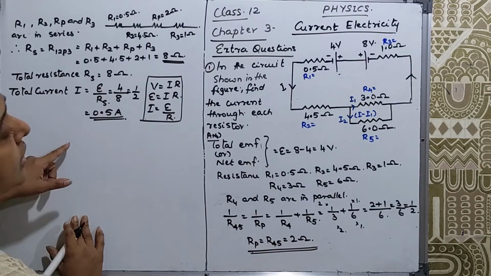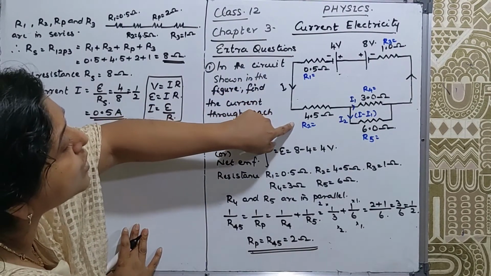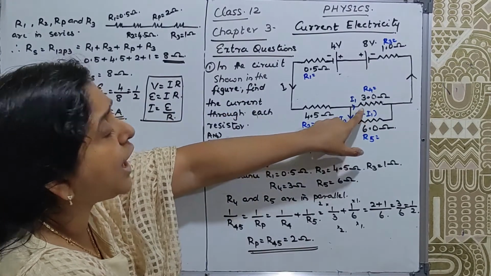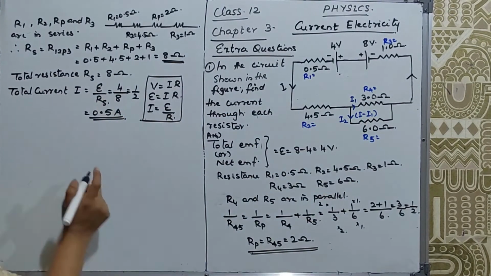So the current flowing through R1, R2, R3 and R parallel is the same.